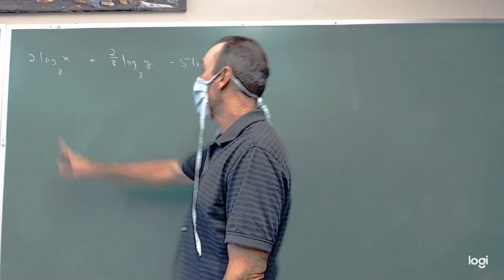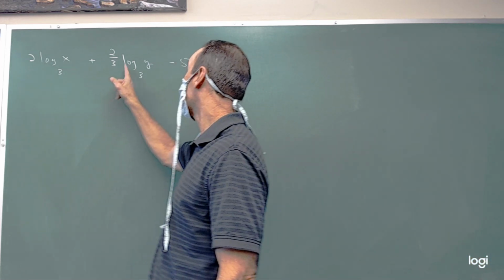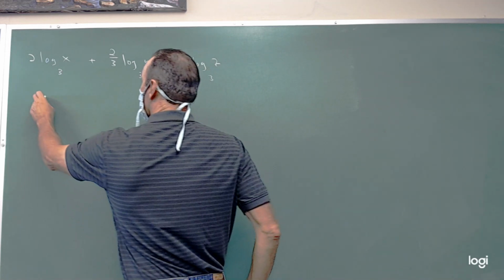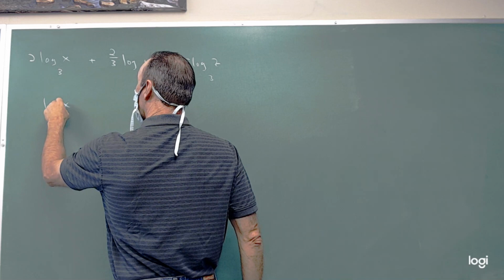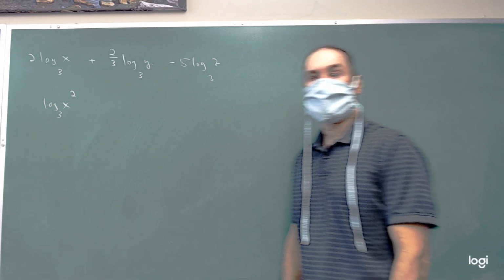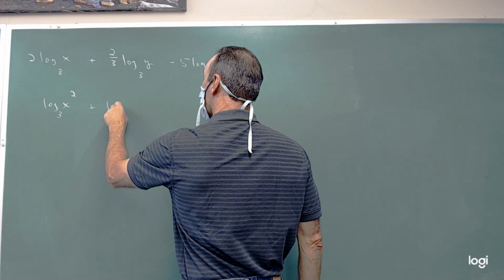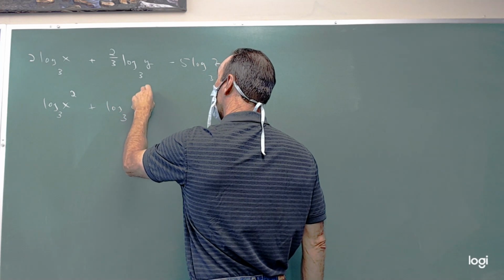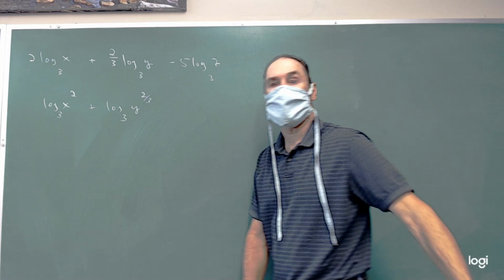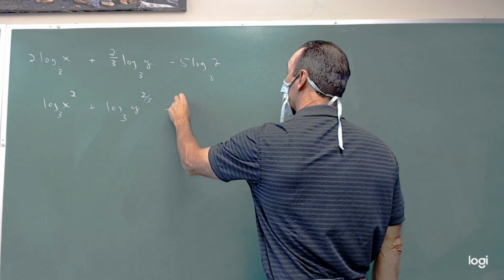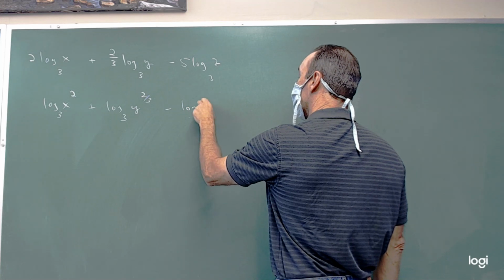The numbers that are multiplying the logarithms can be brought up into the logarithm as powers. So that will be the logarithm base 3 of x squared, plus a logarithm base 3 of y to the 2/3. I'm going to come back to that in a moment and write it in radical form. And then a minus logarithm base 3 of z to the 5th.